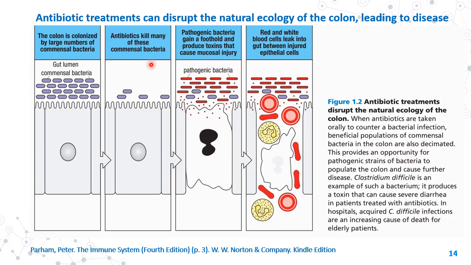When you kill the good bacteria, you usually have certain opportunistic pathogenic bacteria that are always hanging around. Right? When the good bacteria are not there in sheer numbers, your opportunistic pathogens are going to grow. Okay? Because at first, let's say you had like one opportunistic guy right there.